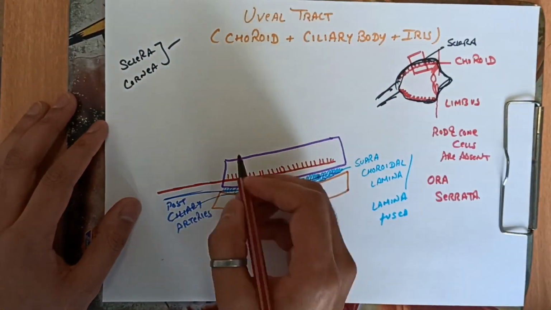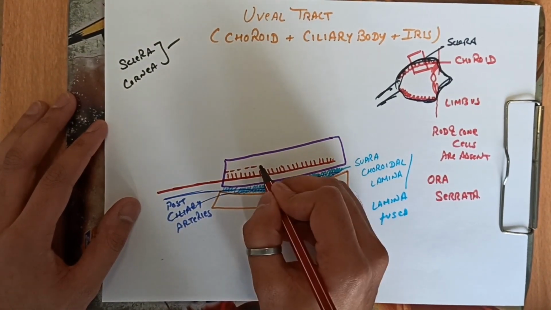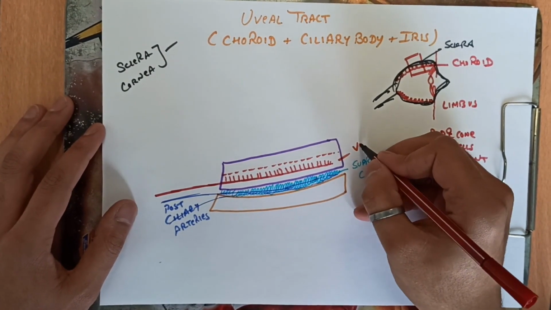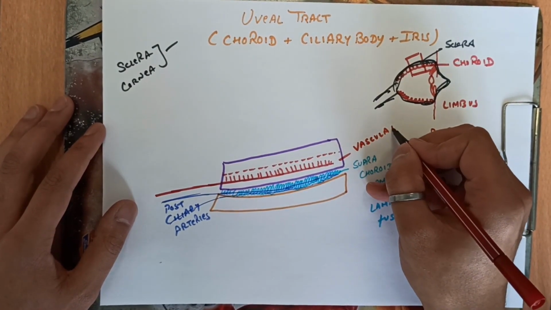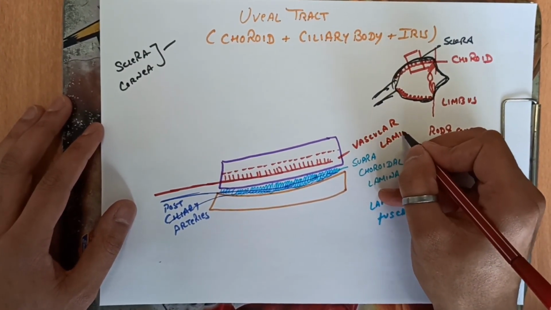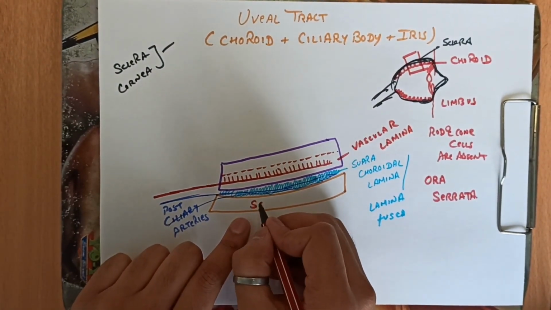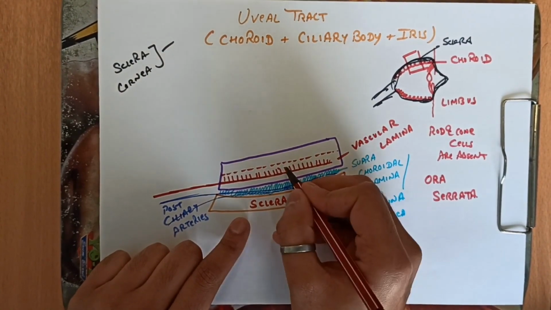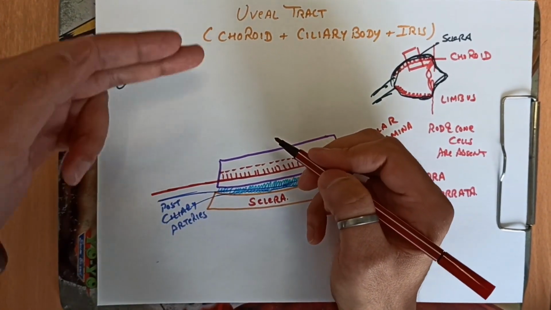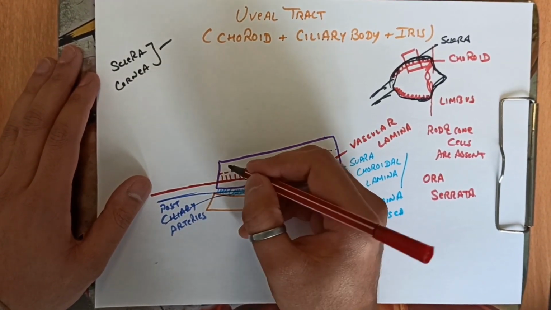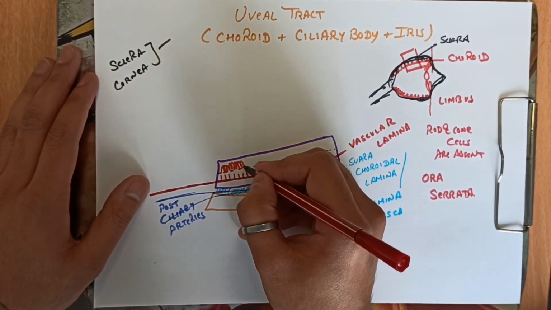Now if we divide the choroidal layer into two parts, this lower part is called the vascular lamina. Now as we move towards the retina, this was the sclera, this is the choroid. Now what will come? The retina will come. Moving towards the retina, these small branches form small loops.